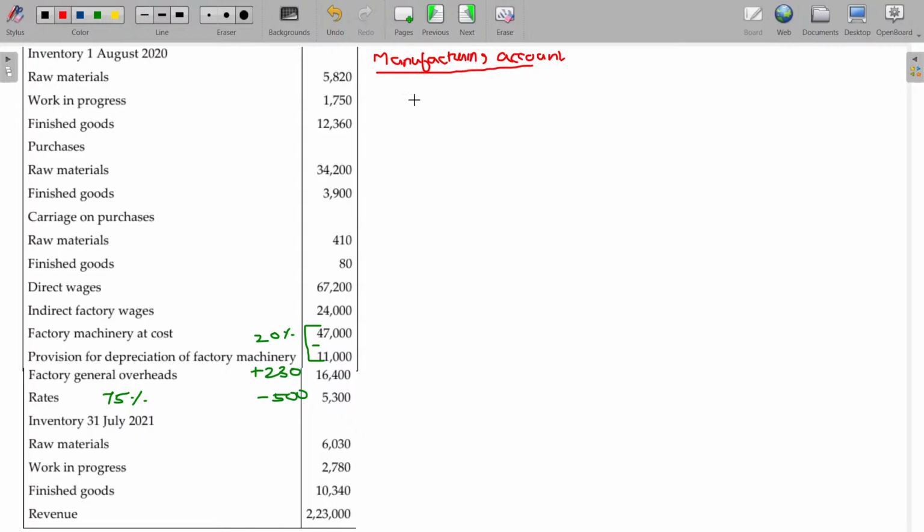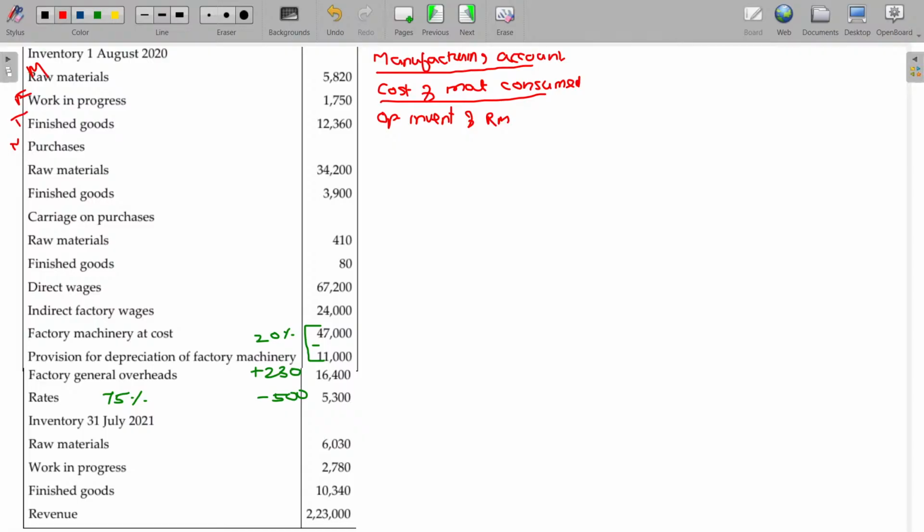We start with cost of material consumed, and we start with opening inventory of raw material. Raw materials will come in manufacturing, work in progress, factory, finished goods, trading section.